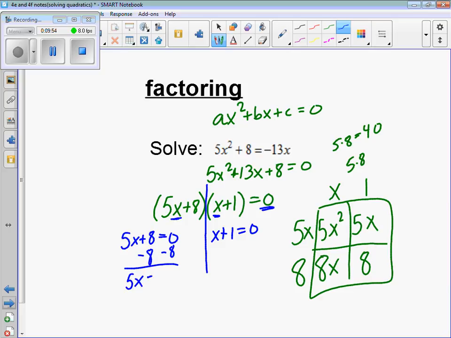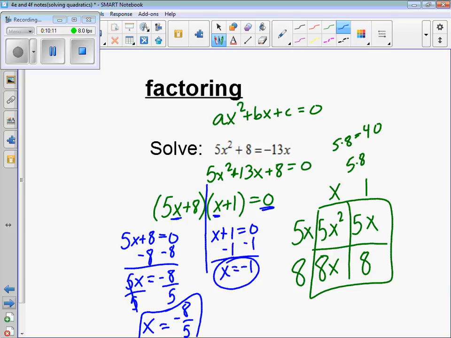So the first number that would make this equation equal 0 is negative 8/5. The next one, much easier to find, is negative 1. So all you need is one of these solutions, or you need both to solve it. So both solutions here will solve.